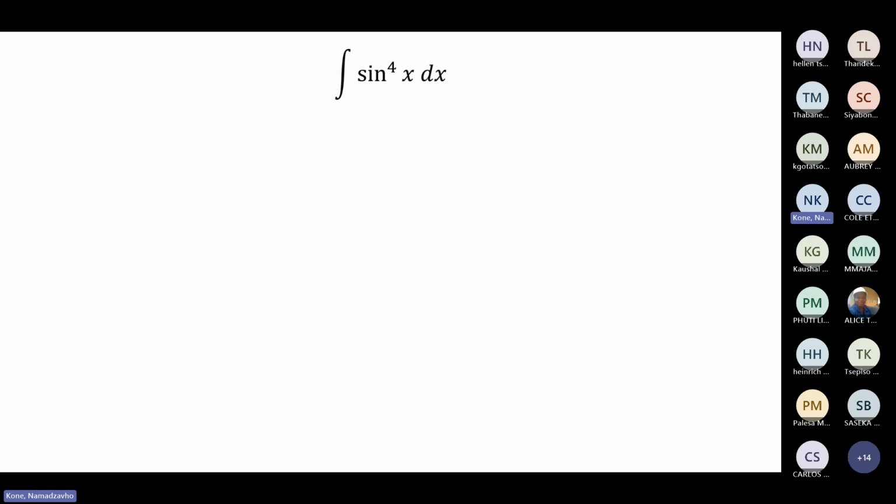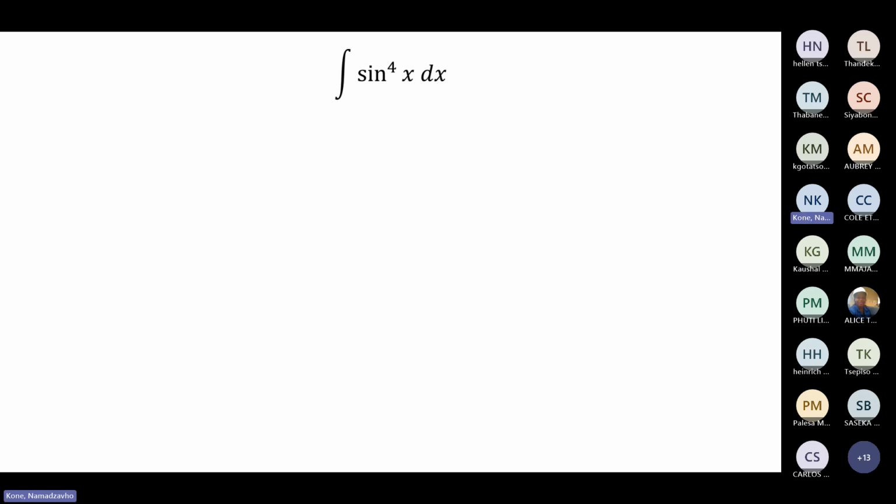Like we have here in this case, we have sine to the power of 4x dx. Now, if we do the same thing that we did before of separating these two, separating one sine x, the other one will have a power of 3, and squared identities will not work in that case.